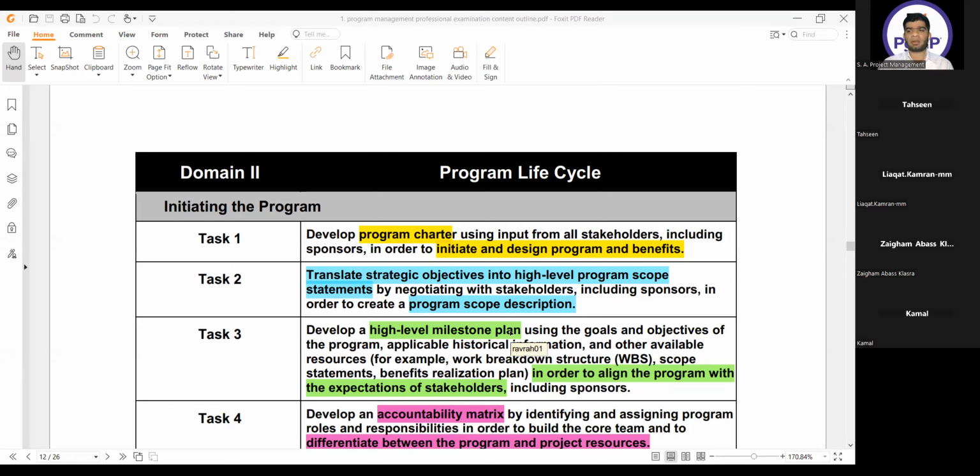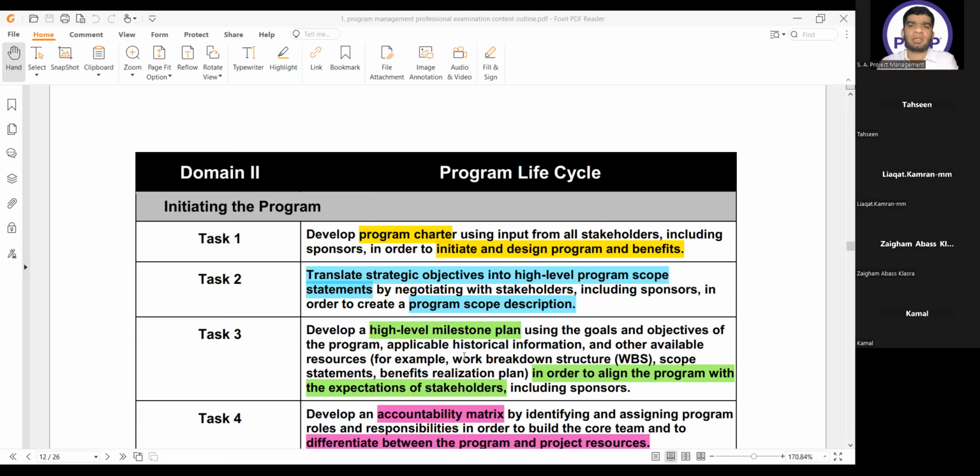From task 3, it is clear that the answer was high-level milestone plan. But how does historical information come into it? What is the role of that? These are all the techniques that they want to use. It can be lesson learned register, it can be historical information, any other thing.